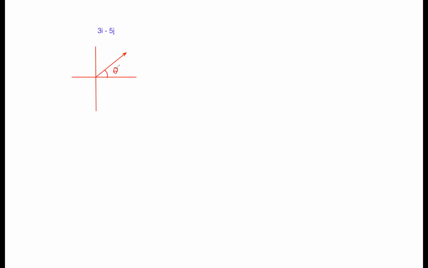So the thing is, both of these, the 3i minus 5j and the magnitude and angle, can be essentially related to one another. And the form that we want to go to is this.